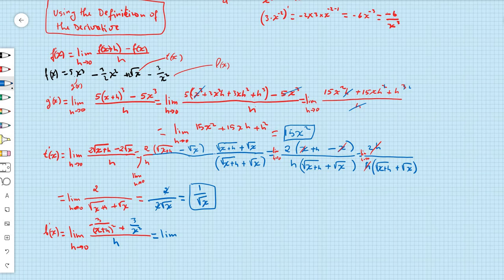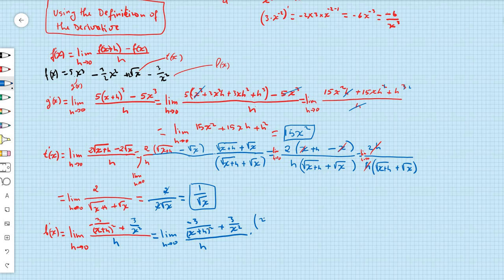The limit when h goes to 0 of negative 3 over x plus h squared plus 3 over x squared, all over h, and all that times the common denominator of the numerator, which is x squared.